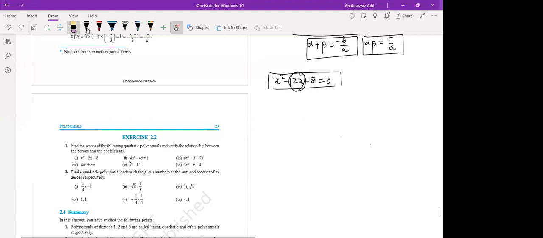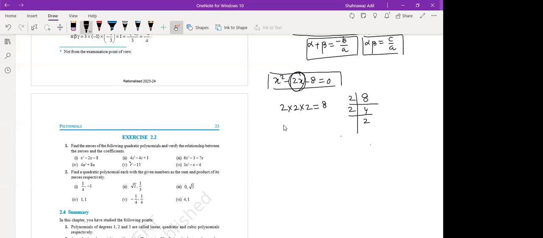What is a into c in this case? Sir, it's minus 8. So take only the positive side. We have to factorize this 8. So the factors of 8 would be 2 into 2 into 2. Now we'll have to get two factors.